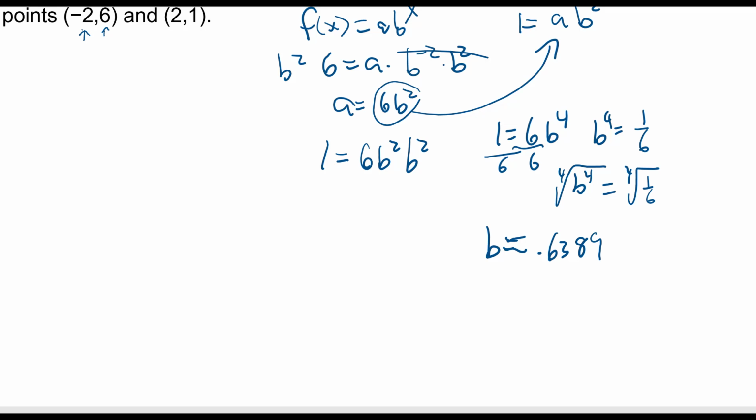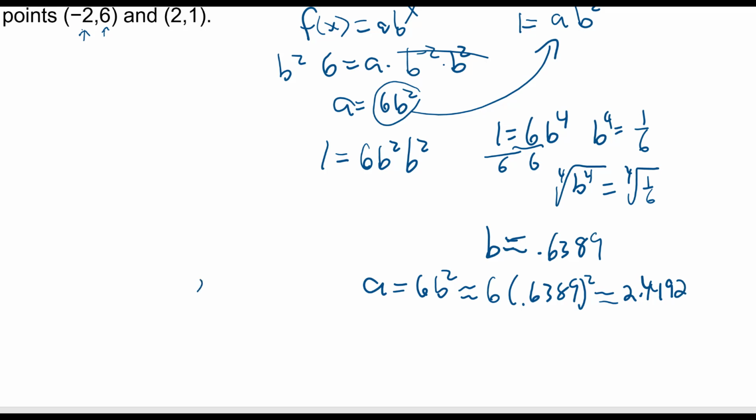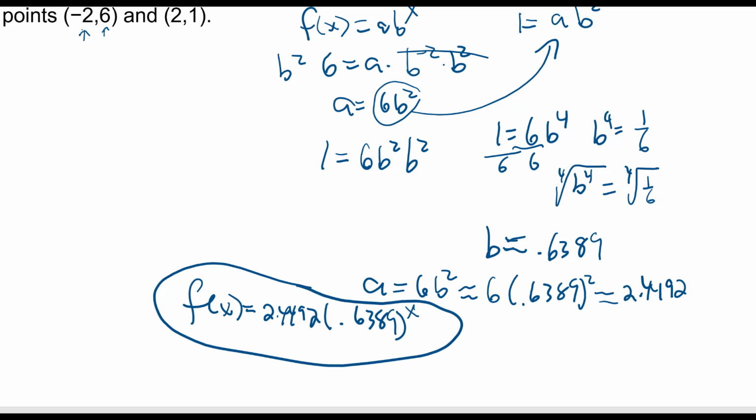We said earlier a was equal to 6b squared, so it's approximately 6 times 0.6389 squared, which gives us 2.4492. So our function f(x) is going to be 2.4492 times 0.6389 to the x power. That's one not as pretty, but that's the process.